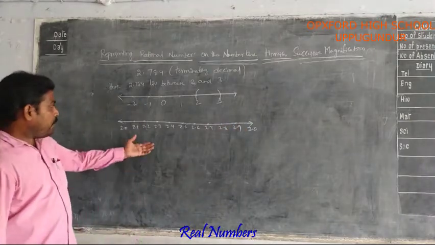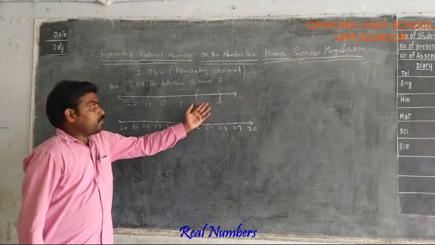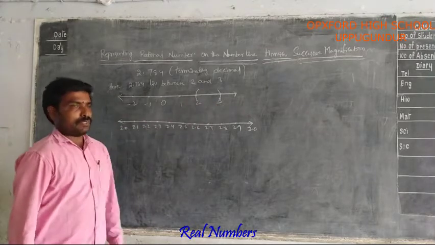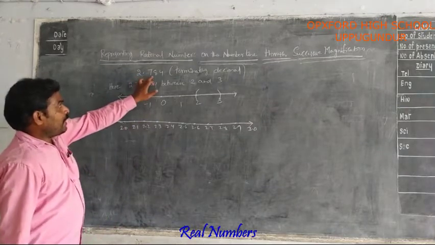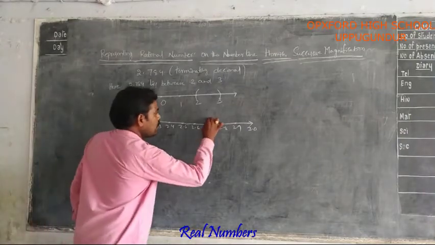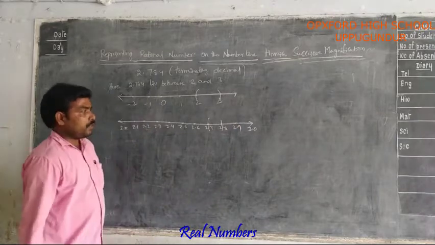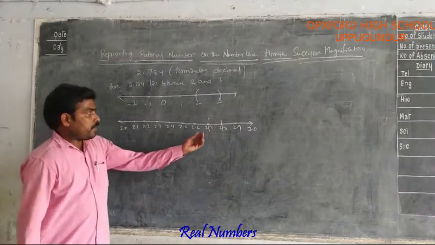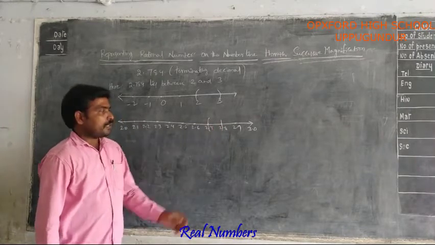Now we are dividing the interval between 2 and 3 into 10 equal parts. Again when you observe this number line, 2.784 lies between 2.7 and 2.8. So again you have to divide the interval between 2.7 and 2.8 into 10 equal parts.